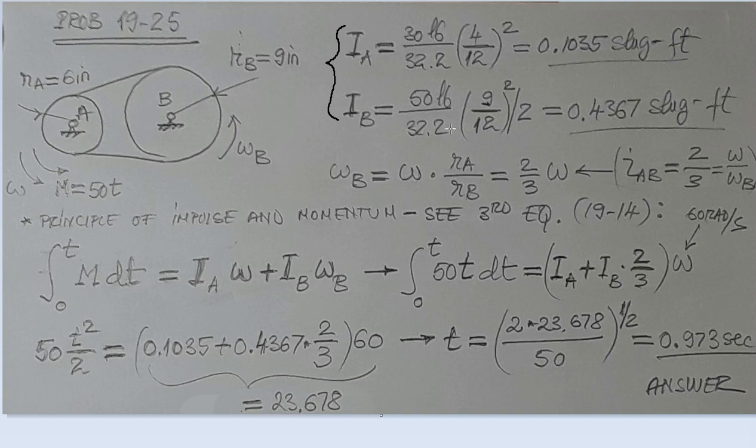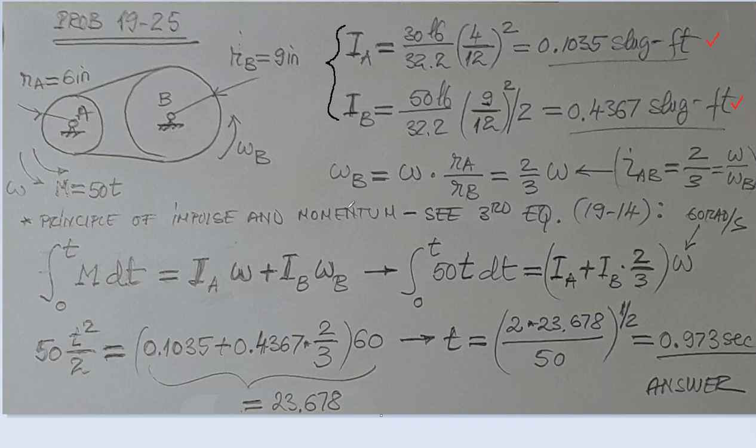Okay, as for the disc, a known formula: a thin disc or a solid cylinder about its longitudinal axis, mass in slugs times the radius squared, but again in feet. So we have the two mass moments of inertia about their axis of rotation for the flywheel and for the disc.